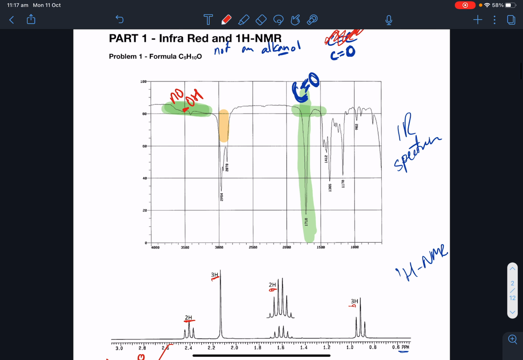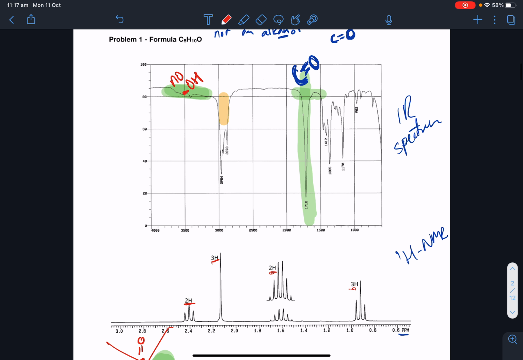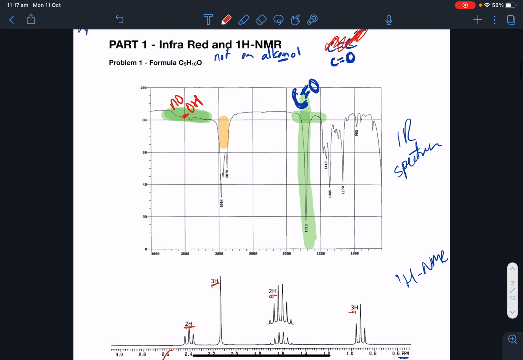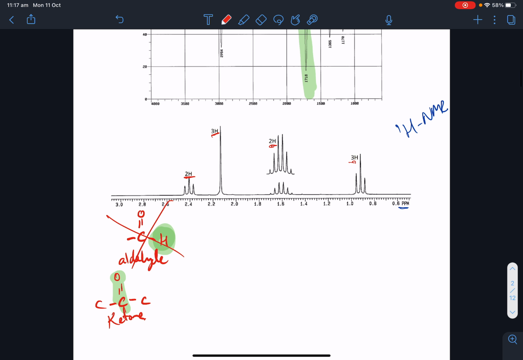What I'm going to do is draw some possible isomers here and see what fits. 1, 2, 3, 4, 5. We could have this ketone, or we could have this ketone if it's a straight chain.